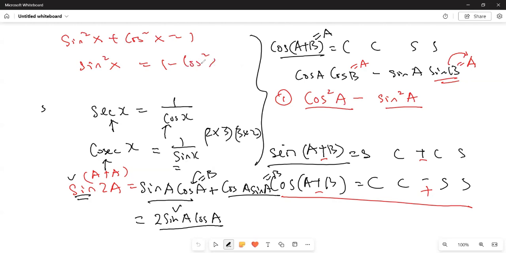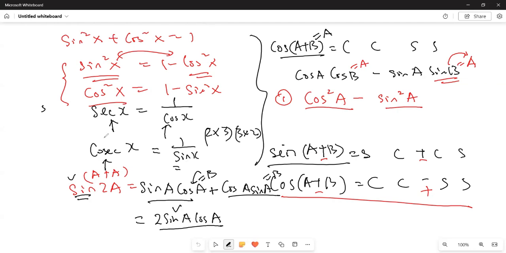So if you want to change sine square to cosine square, you just simply put the cosine over. And if you want cosine square in terms of sine square, you just do this. So this is a bridge between sine square x and cosine square x. If you want to change everything to one type of trigo function, you just simply use this trigo identity.